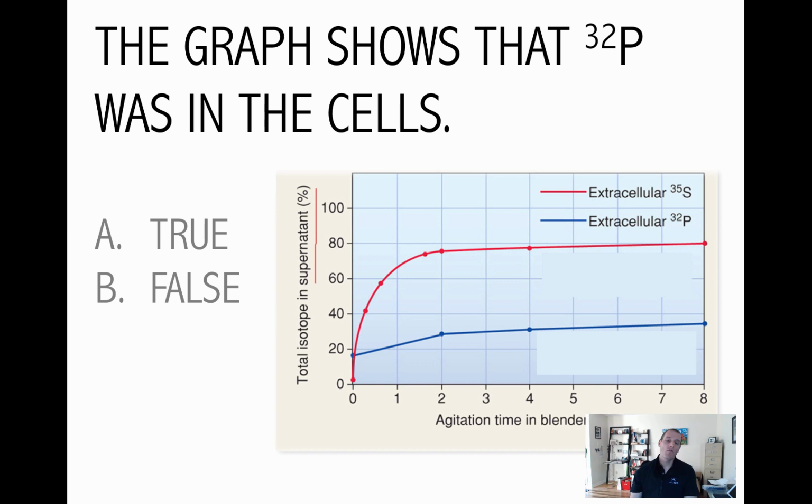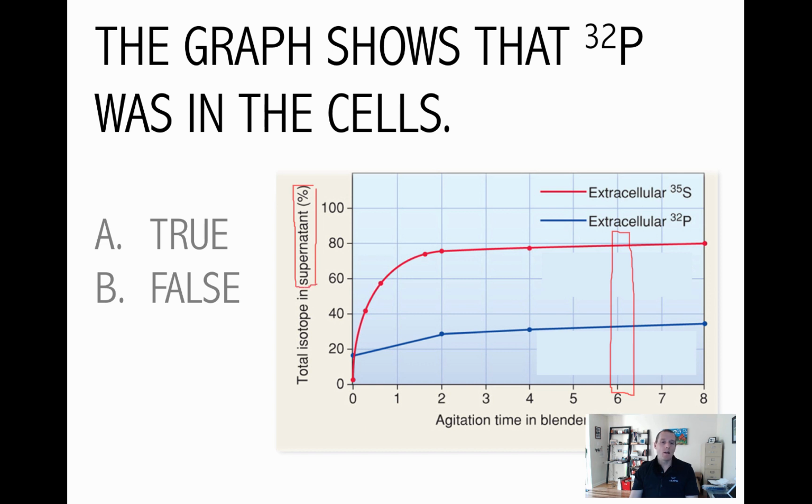So this graph shows that at 6 minutes, there was a lot more 35 sulfur in the supernatant than there was 32P. So this would be false. This is telling us nothing about what's in the cells. This is showing us all about what is in the supernatant.